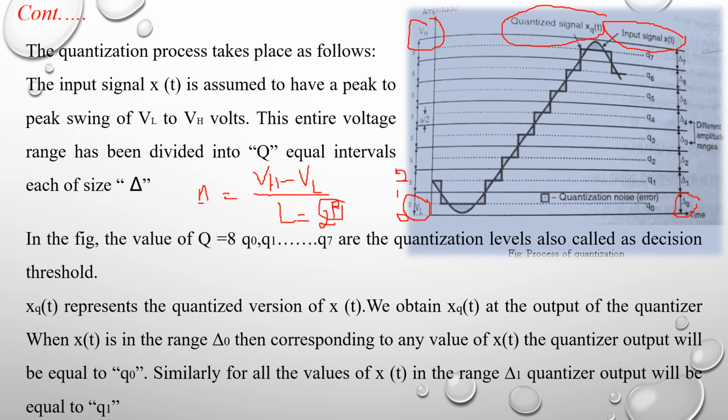So here we have to find the q1 value. This is q1 and this is the intersect point. Here our main intention is to find the voltage level between 1 volt and 2 volt. Let us assume the voltage is equal to 1.6 volt. So the q1 voltage level is 1.6 volt. The approximated value for 1.6 is equal to 2 volt.